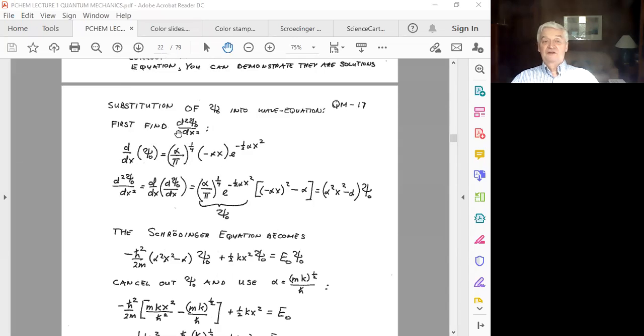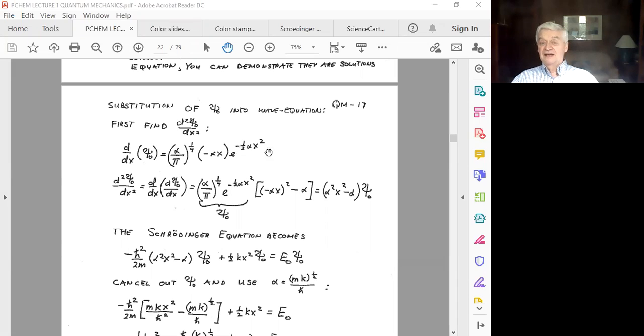Okay, so we need to find the second derivative of psi 0. Here I'm taking the first derivative, and this will be the nastiest derivative you have to take. We all remember the derivative of e to the minus x would be just minus e to the minus x, or the derivative of e to the minus ax would be minus a e to the minus ax.